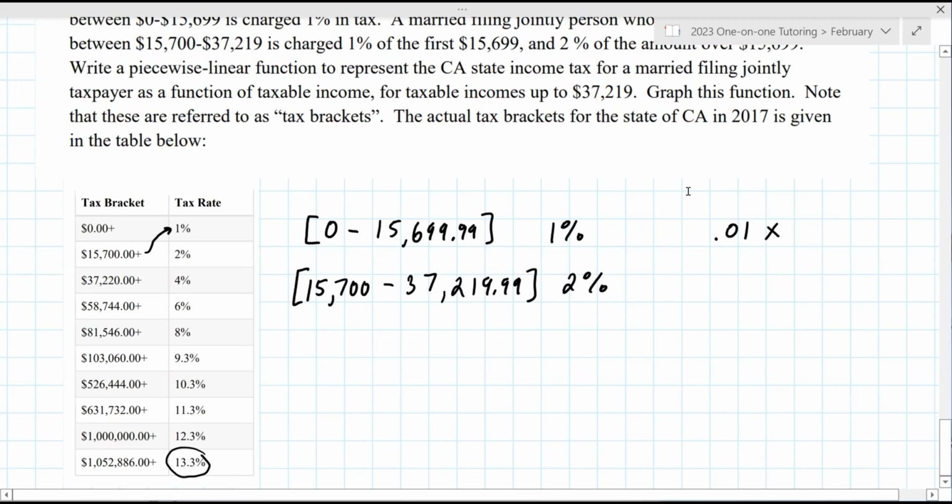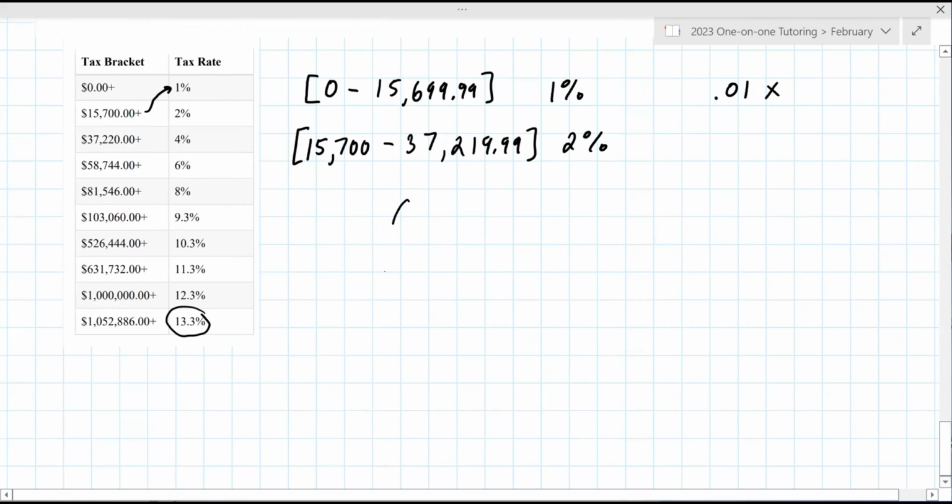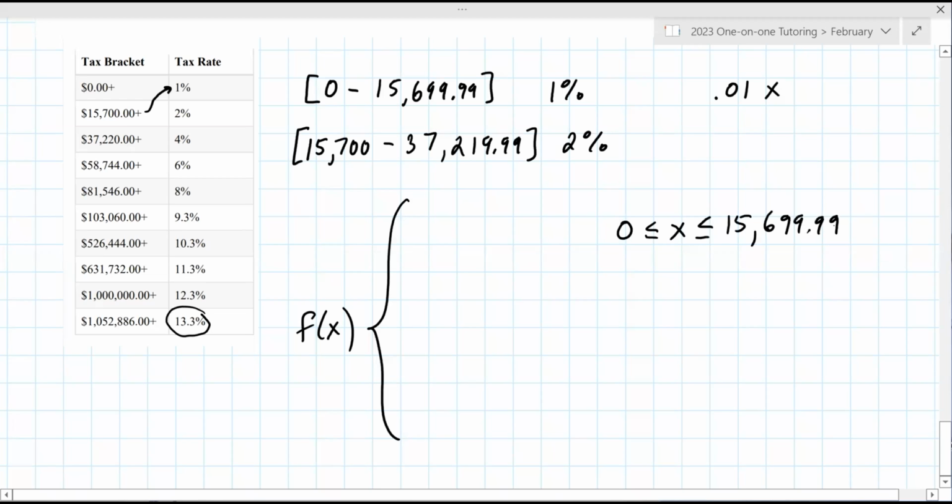But we're getting ahead of ourselves. We need to create a piecewise function here, f of x, and we need a domain. The domain for the first one is if you make no money all the way up to $15,699.99.